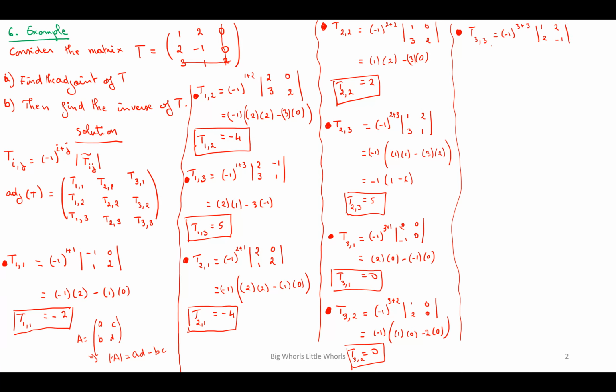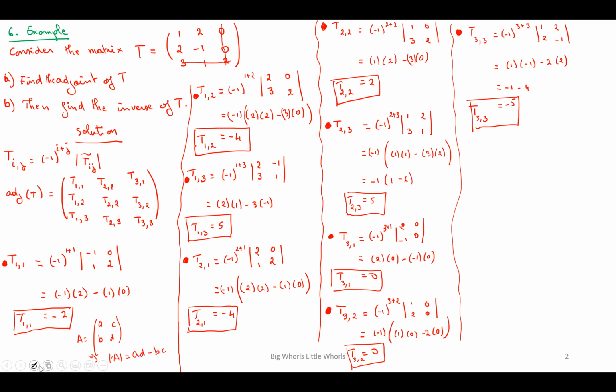This is going to be positive 1. We have 1 multiplied by minus 1 minus 2 multiplied by 2, which is minus 1 minus 4, which is minus 5. So T33 is equal to minus 5. So now we can write down the adjoint of T.